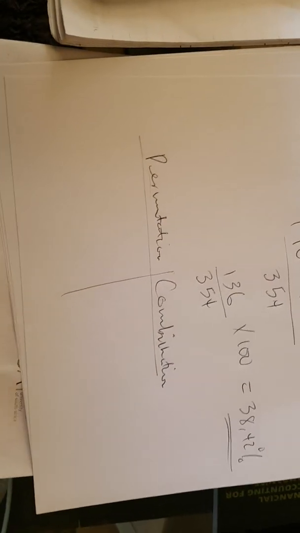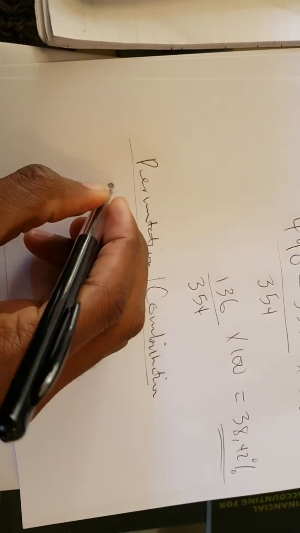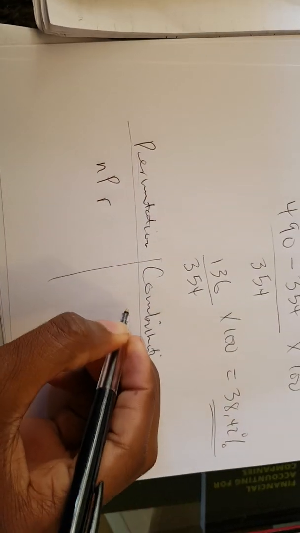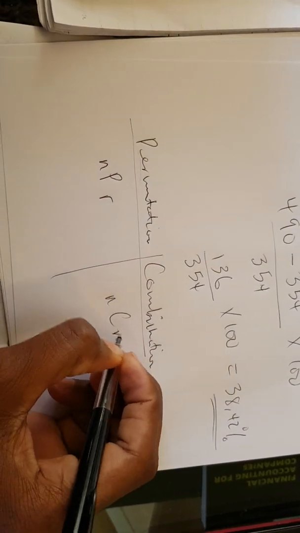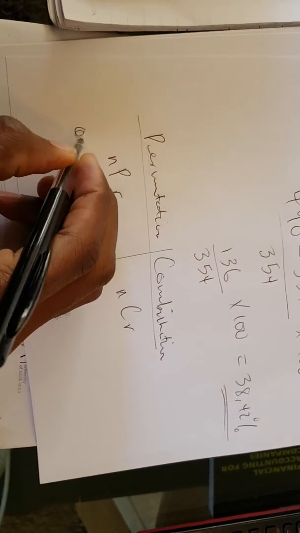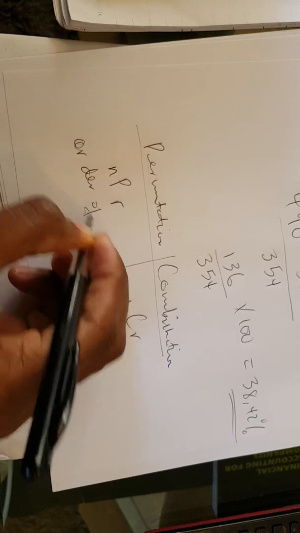Don't mind my handwriting, guys. It's always as bad as this. So permutation is nPr, combination is nCr. Whenever permutation is involved, we have order of arrangement.